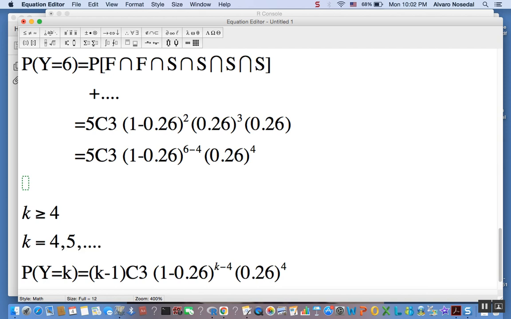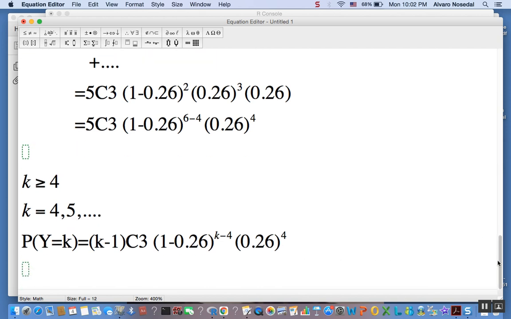So anyway, see that this is the probability distribution, the list of possible values, along with the probability for each of those possible values. Make sense? So this is the probability distribution we were looking for.